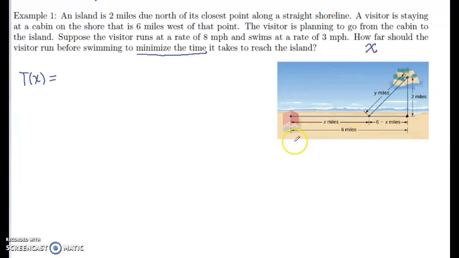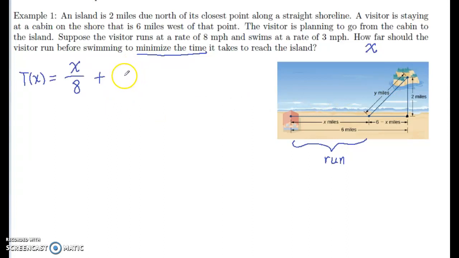At this distance x, the visitor is going to run, and we can calculate the time it takes for the visitor to run. It is distance divided by the speed. So that is how long it takes for the visitor to go from the cabin to the point before he swims. But we also need to add the time where the visitor is going to swim to get the total amount of time that it takes for him to reach the island.